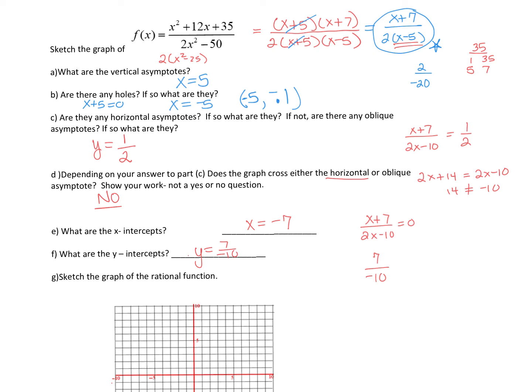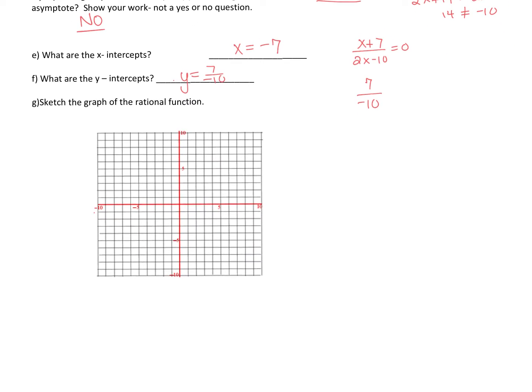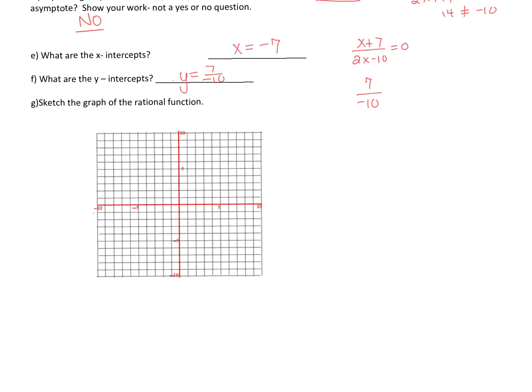At this point, we will put this all together on a graph. We're going to start with our vertical asymptote at x equals 5. So I'm going to put that here in blue. We have a vertical asymptote here at 5. We have a horizontal asymptote here at 1/2.